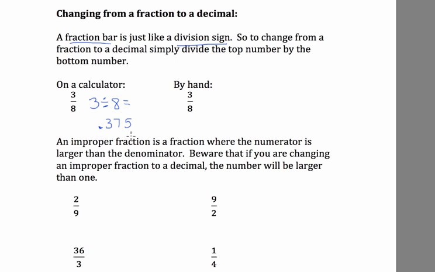3 divided by 8 on a calculator is 0.375. To do this same process by hand, again, you're going to take the number 3 and divide it by 8.